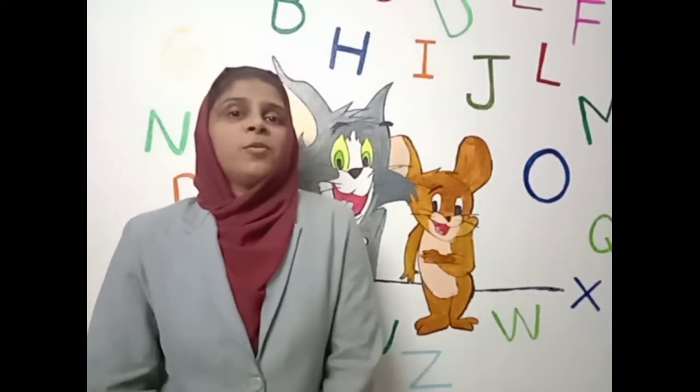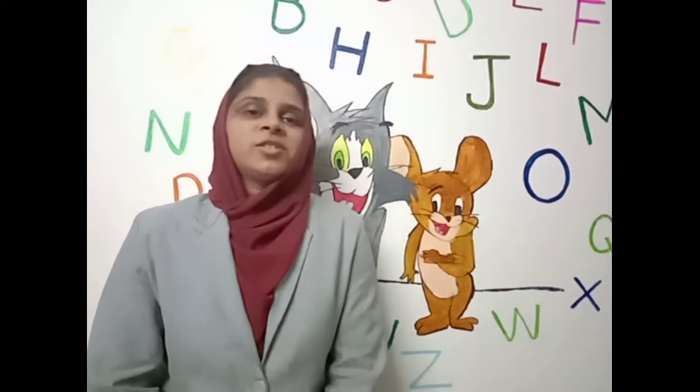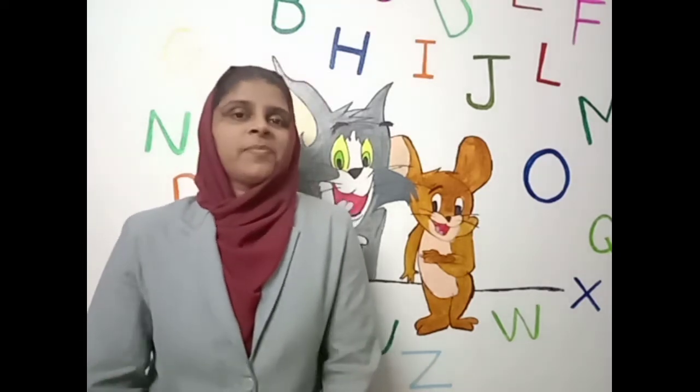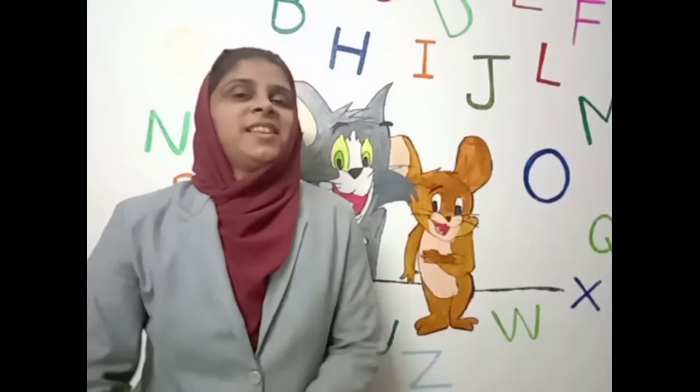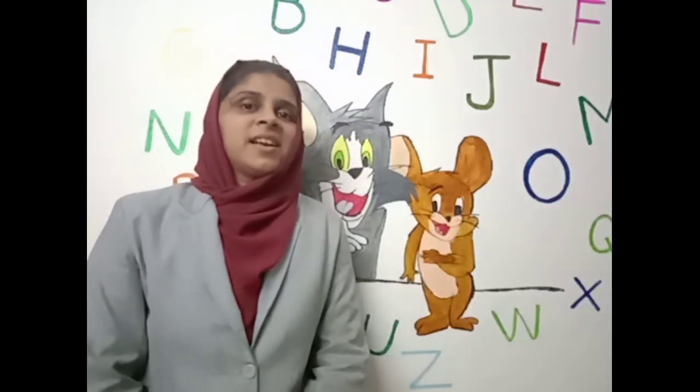Okay, children. Next, we can see some examples of living things. First one is fish. Fish can swim, eat, grow. Then next comes birds. Birds can fly, eat, grow.